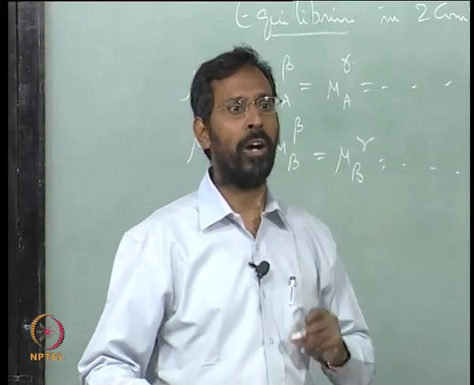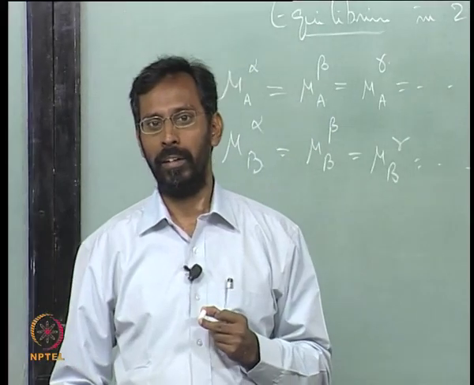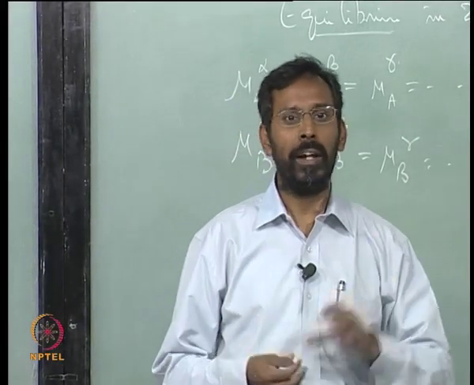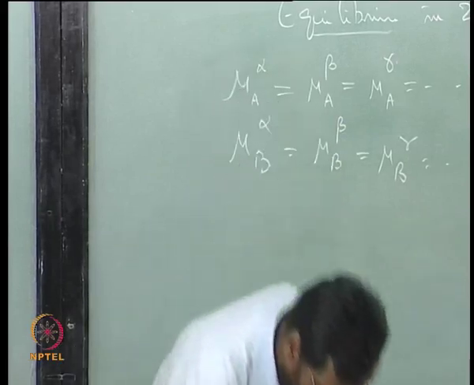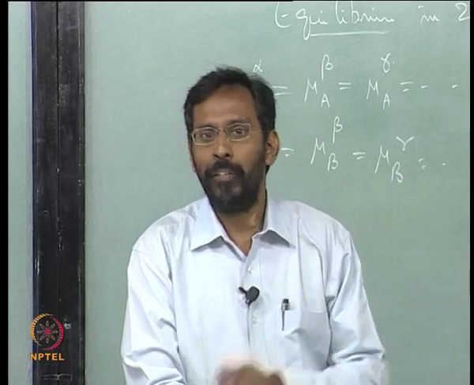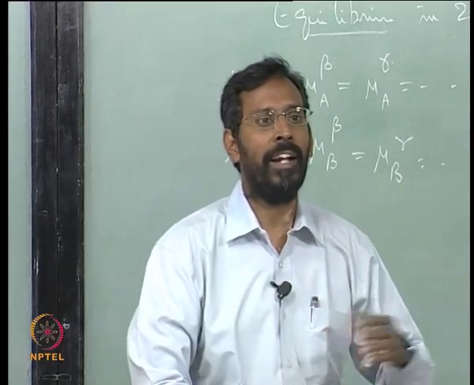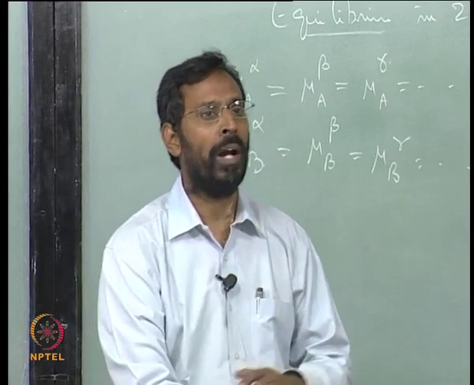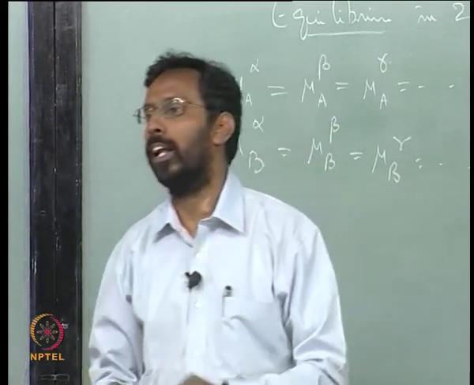For example, if I am talking of a binary alloy, let us say a steel, an iron carbon alloy, and I am referring to the composition of alpha ferrite, if I talk about how much of iron or how much of carbon is there in it, automatically I need not tell about the second element.